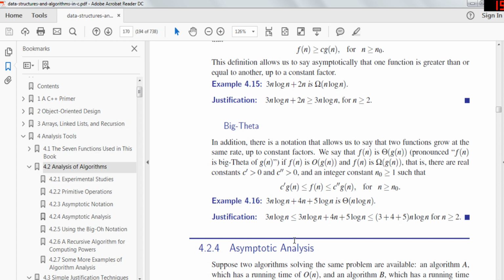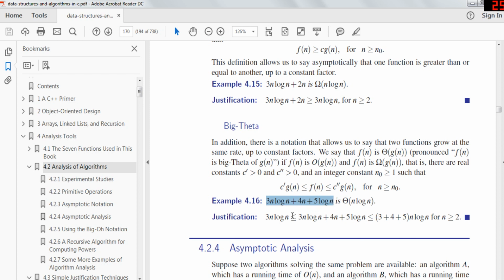Okay, so if you say that you have this function, let's say 3n log n plus 4n plus 5 log n is big theta of n log n, what does that mean?